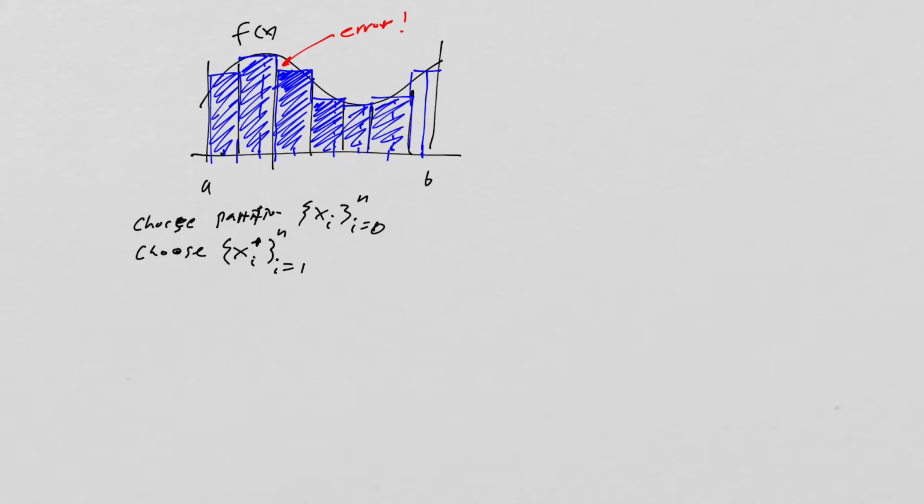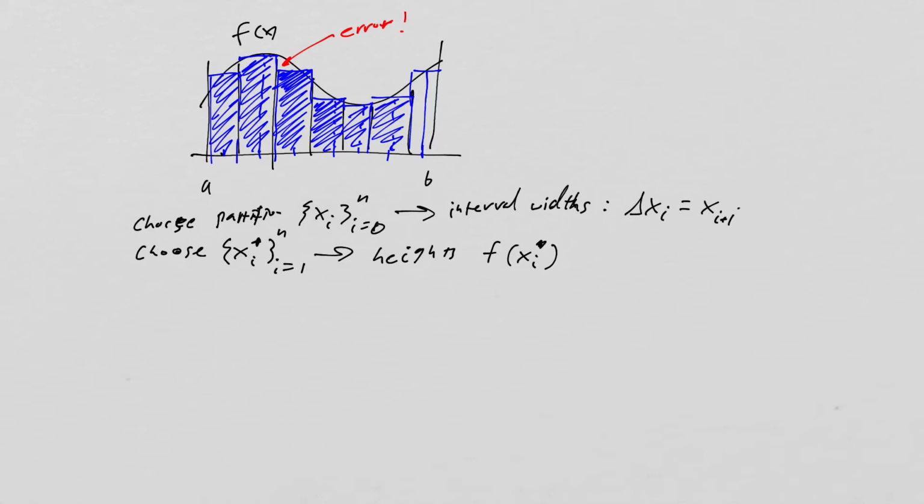We choose those x stars, and then what we do is we generate those heights, f of xi star. And here, of course, we generate the interval widths. So we have the delta xi, which is going to be equal to xi plus 1 minus xi. Okay.